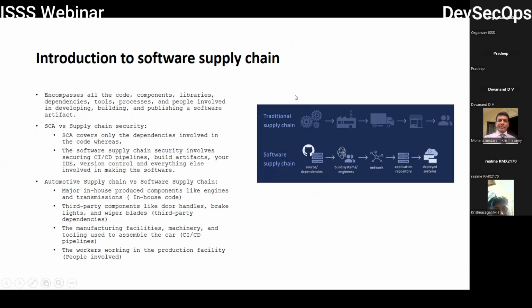And then it will be deployed into the environments. If it's going to be the cloud, it will be deployed in any one of the environments which the company is aware of: AWS, Azure, or Oracle. You need to know what happens in a software supply chain.